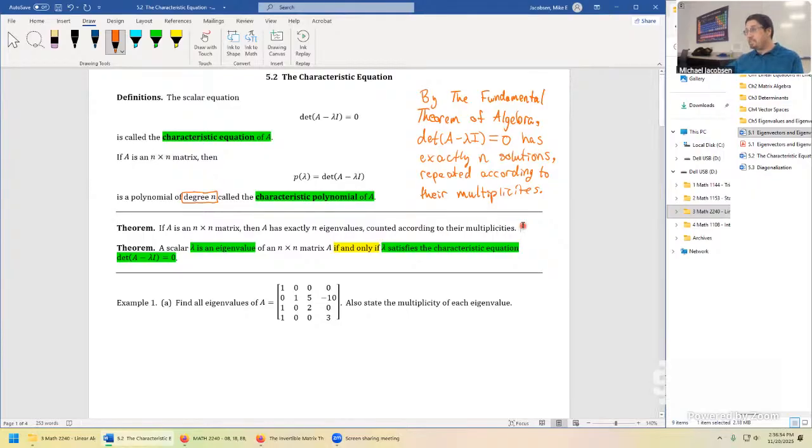Well, that's what the theorem below is saying. This theorem is just what we penned in, the fundamental theorem of algebra. And the theorem below tells us lambda is an eigenvalue of the n by n matrix A if and only if it satisfies the characteristic equation. So that's where we start, kind of what we were hinting at in section 5.1.